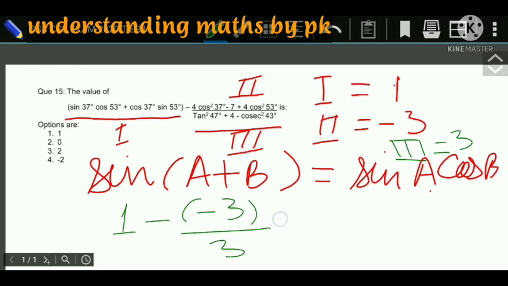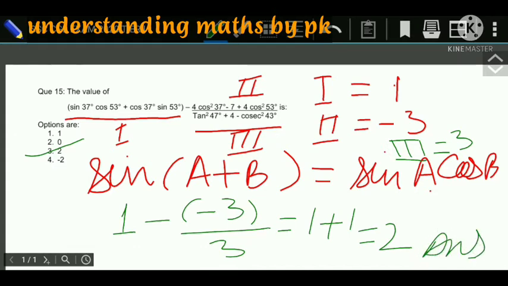So this will be left as 1, minus into minus is plus, so 3 divided by 3 is 1. 1 plus 1 equal to 2. So the correct answer is 2, which is option number 3. That way we can solve this question.